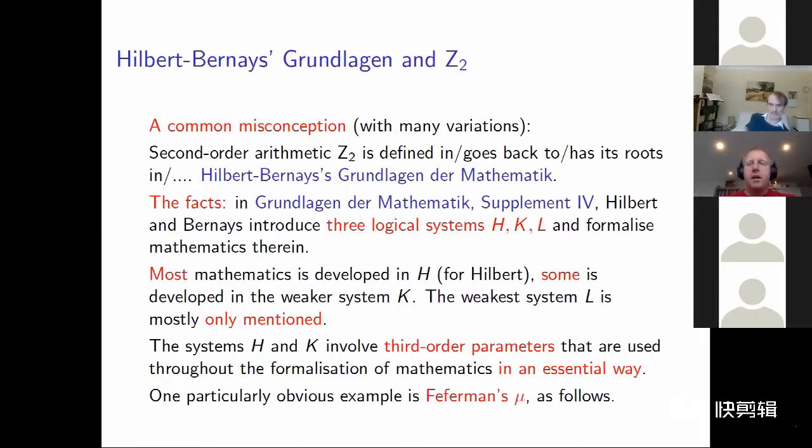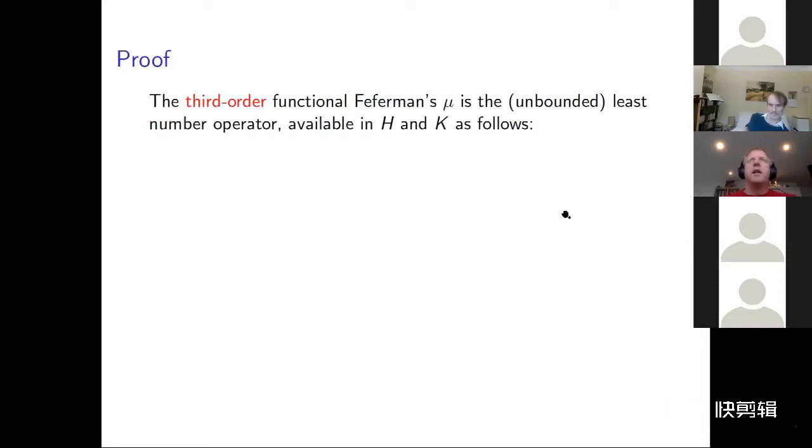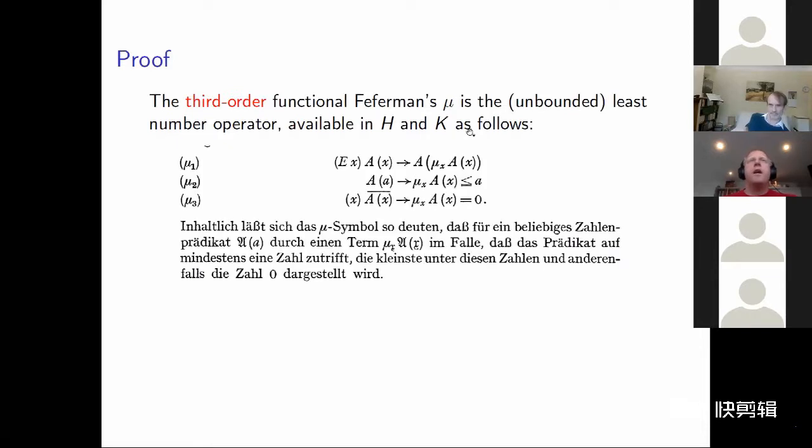A particularly obvious example is Pfeffermann's mu, which by the symbol mu already appeared in Hilbert and Bernays. Pfeffermann's mu is the least number operator. That's how Hilbert and Bernays define it: if there is an x such that A of x, mu of x will find it, and it's the least one.